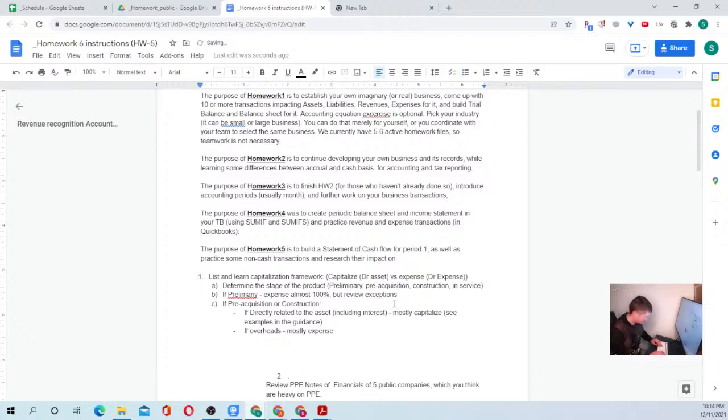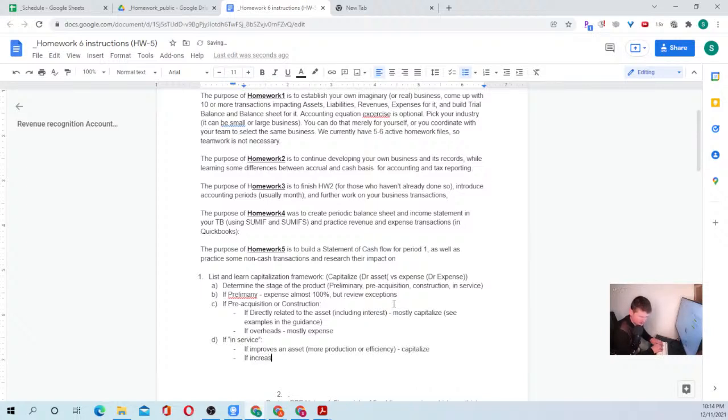And finally, D, if in service. Okay, so here we say if improves an asset, more production or efficiency, capitalize.